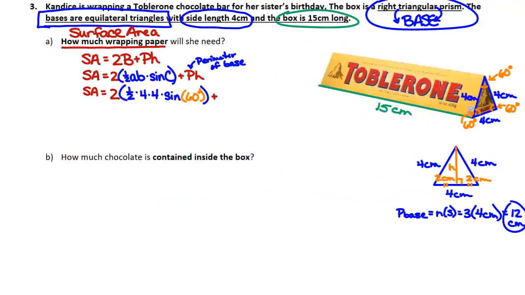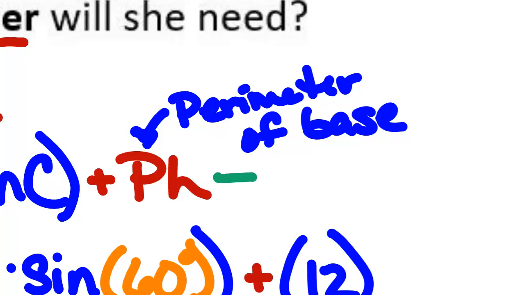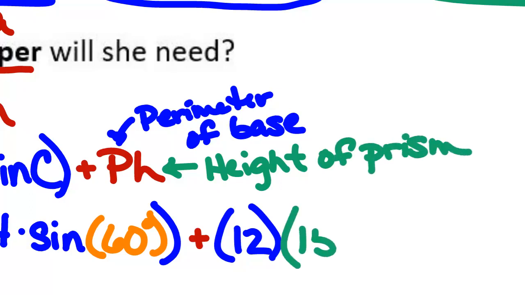So 12 times the height. This is the height of the prism, not the height of my triangle. 15. It's a little misleading because they have this prism laying down and they called it the length. But when I am looking at a prism like this, no matter which way they have it oriented on the page, the height would always have you standing it up on one of those bases.